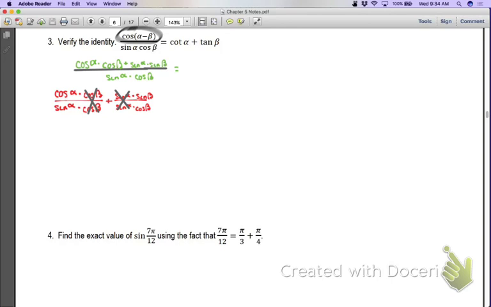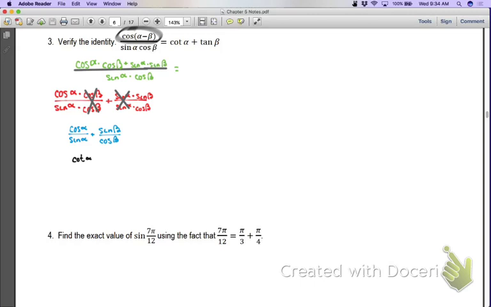So then all I'm really left with, and this is why I said that we could have changed cotangent and tangent if we wanted to, and it would have been just fine. It would have worked out to be nice and neat. Because if I have cosine of alpha over sine of alpha plus sine of beta over cosine of beta, what is cosine over sine? Cotangent. So I have cotangent of alpha.